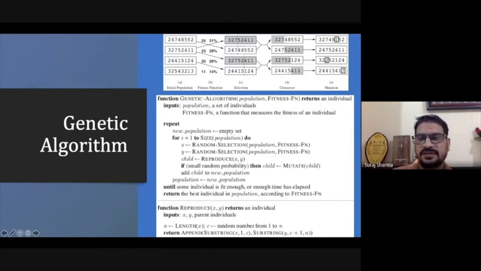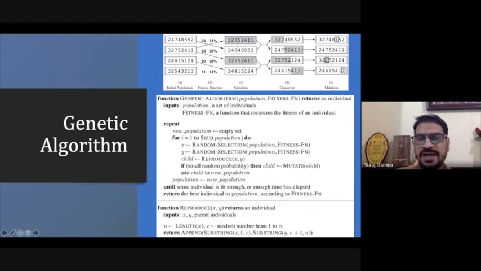If there is a small probability, then the child will be mutated. The child will be mutated with some positive values, and then the child is added to the new population, and the new population is given again to the population, and this will go on and on till all the iterations are over and we get a good optimal solution.